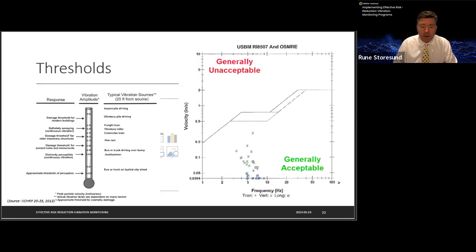So there are existing guidelines on generally acceptable and generally unacceptable vibration thresholds. And a couple of points to keep in mind on these thresholds. First, these are very general guidelines and don't really account for any site-specific nuances that may exist.